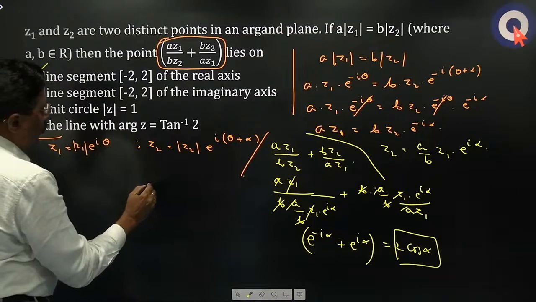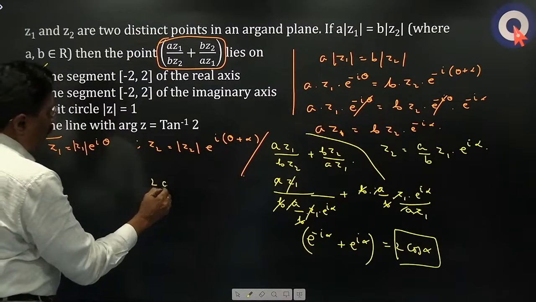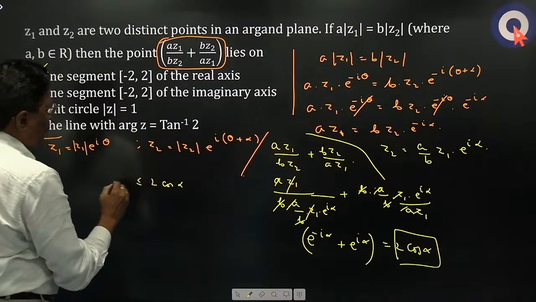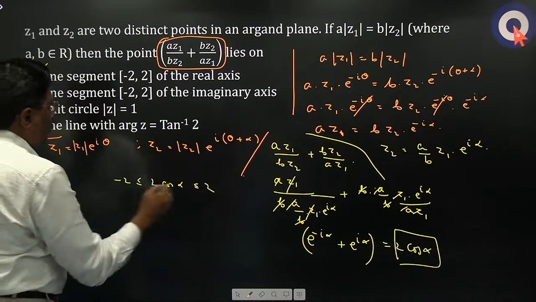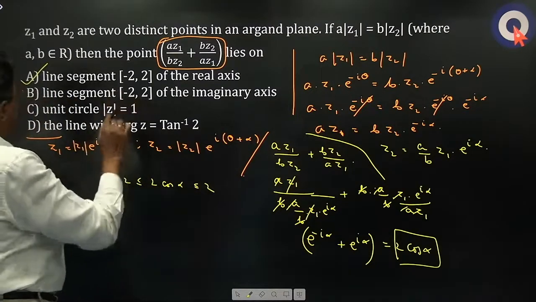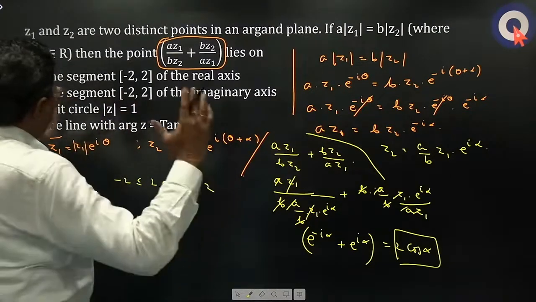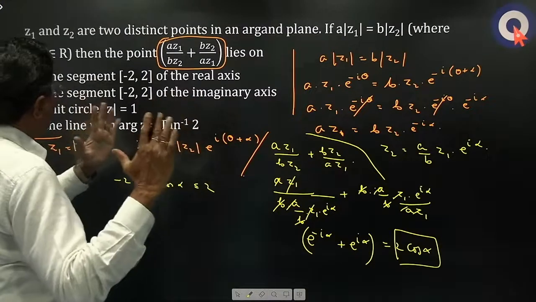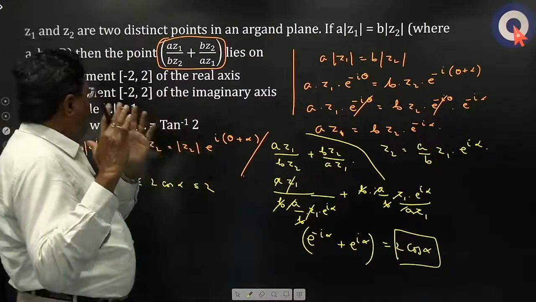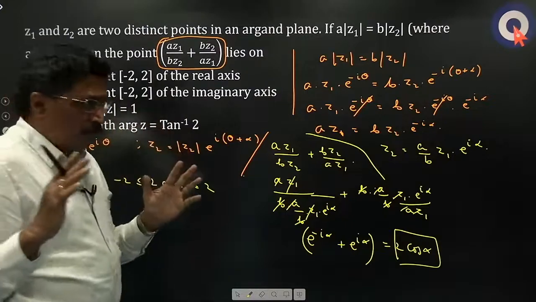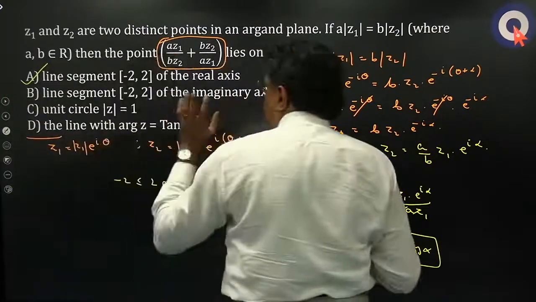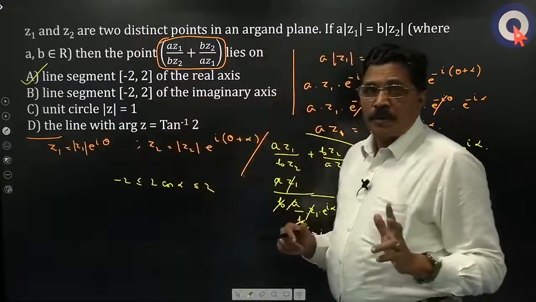See, 2 cos alpha anyway lies between minus 2 and plus 2. So this is lying on the real axis, and the locus is the line segment in the bounded closed interval minus 2 to plus 2. So therefore option A is correct. All right.